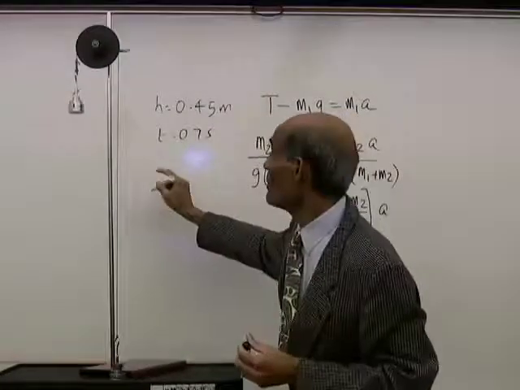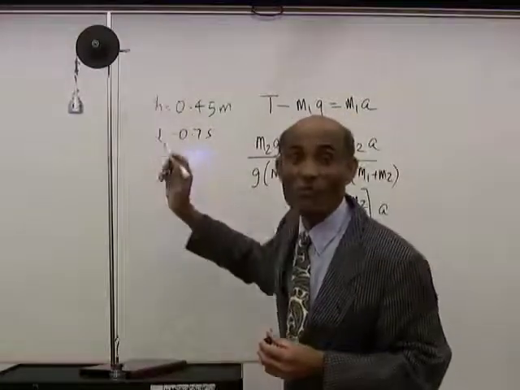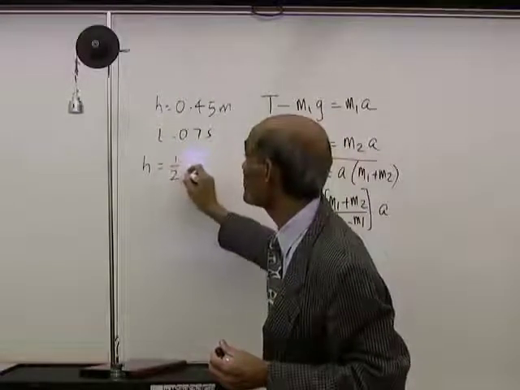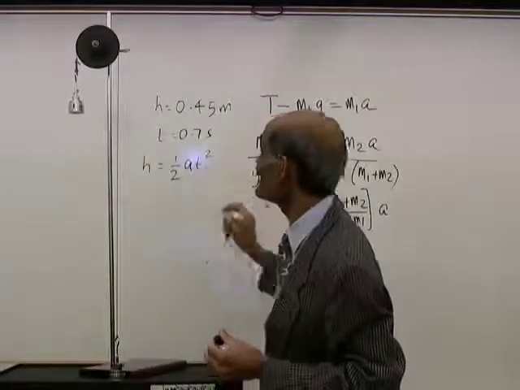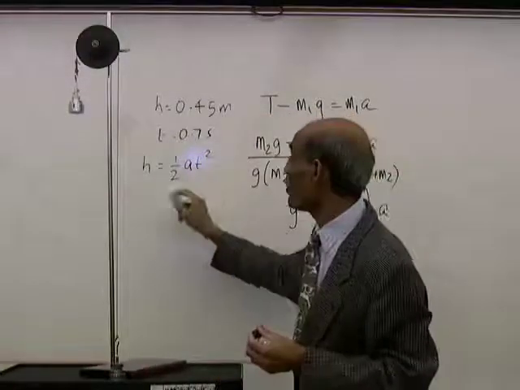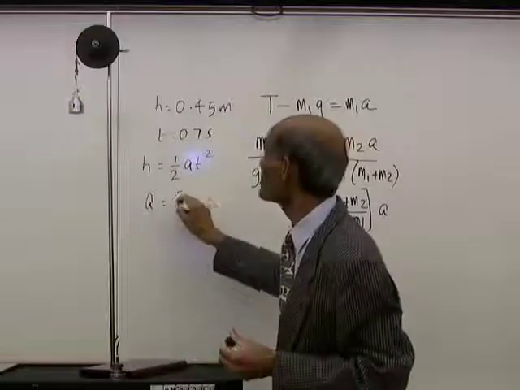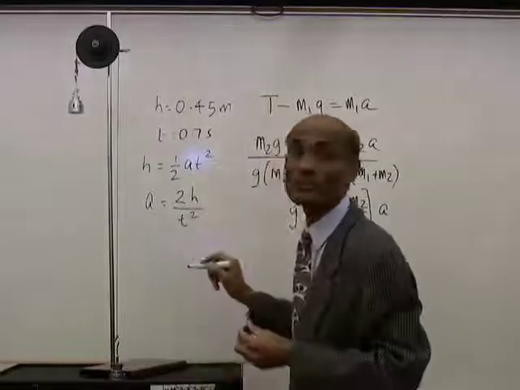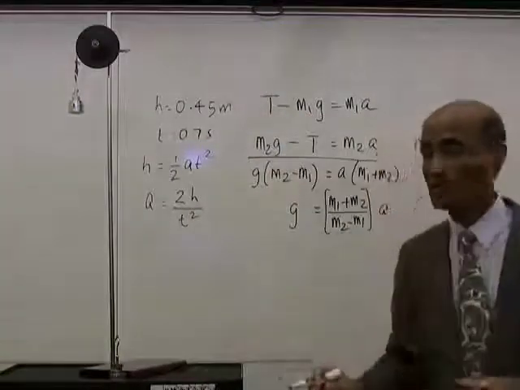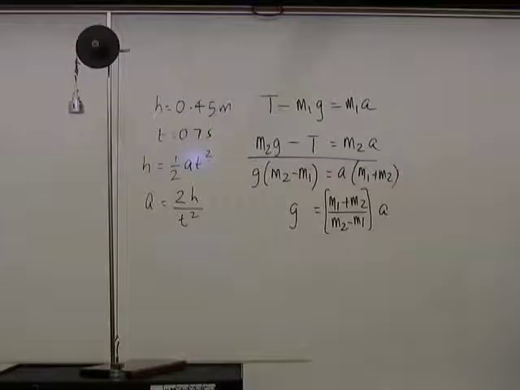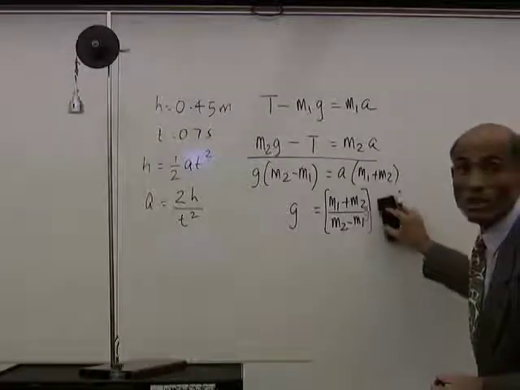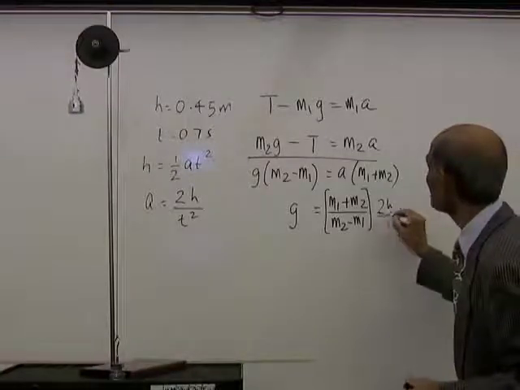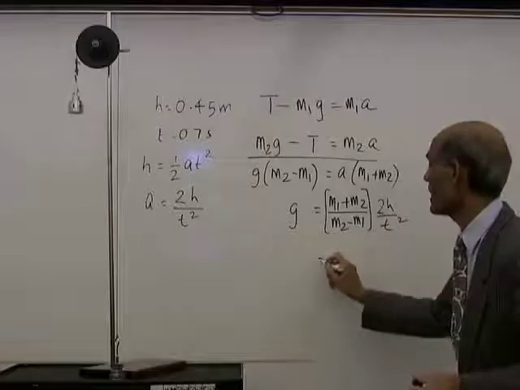Now, you know that when an object is allowed to fall through a height h, that h will be equal to 1/2 a t squared. Therefore, that a will be equal to 2h divided by t squared. Alright, so what I'm going to do is replace the a here. I'm going to take off that a there and write it as 2h divided by t squared.